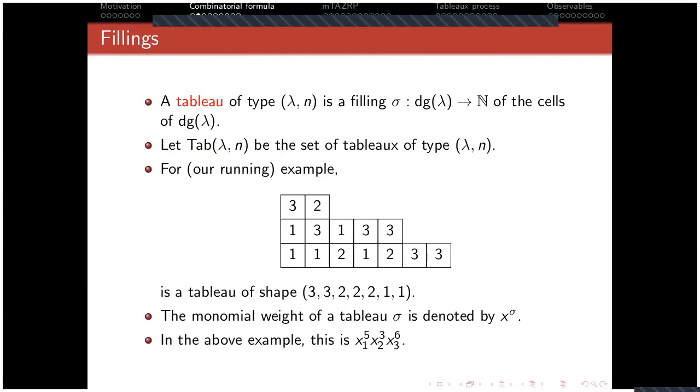And if you restrict the maximum integer that can be filled to n, then we call the set of all such tableaux by a name. And so the monomial weight of such a tableau is just the product of x_i to the number of times i appears. So that's denoted x to the sigma. So x1 appears 5 times, so this is x1 to the 5 and so on. Naturally.